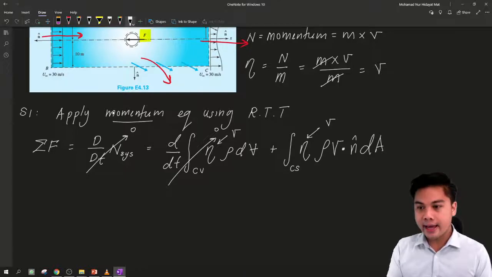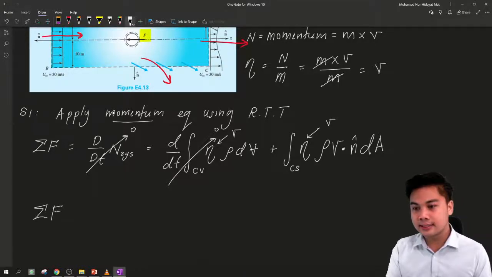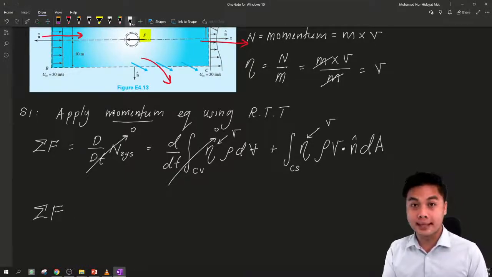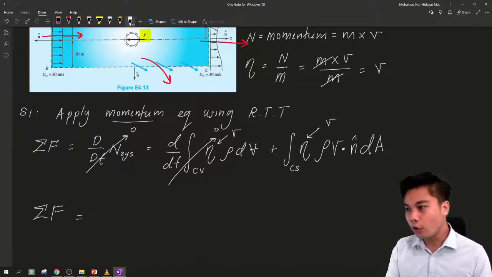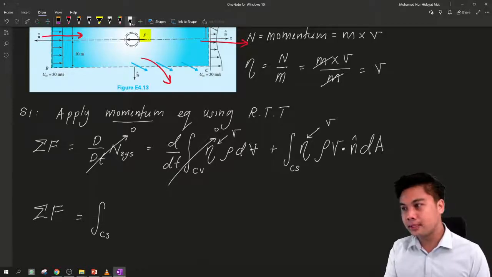So we only have the summation of forces, which relates to the momentum, equal to only this term, the integration of the control surface, with the intensive property replaced with velocity, rho V dot n dA.